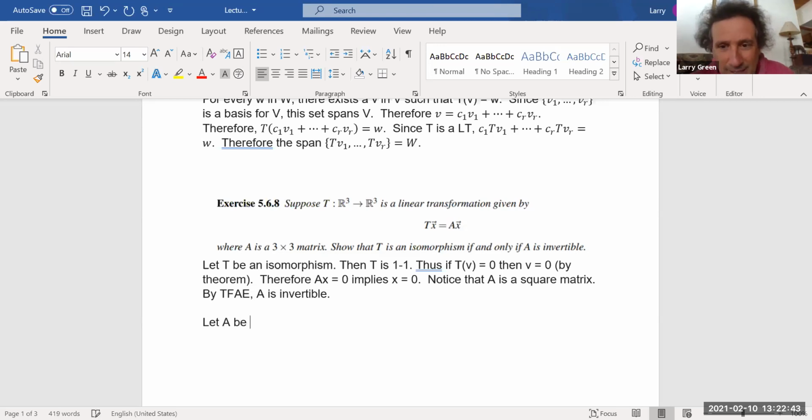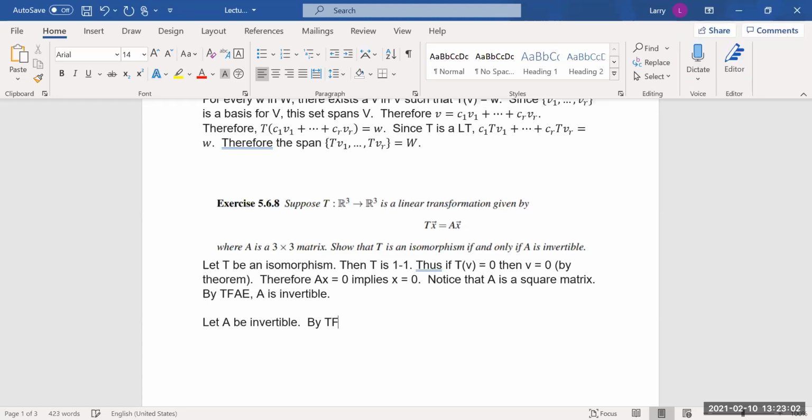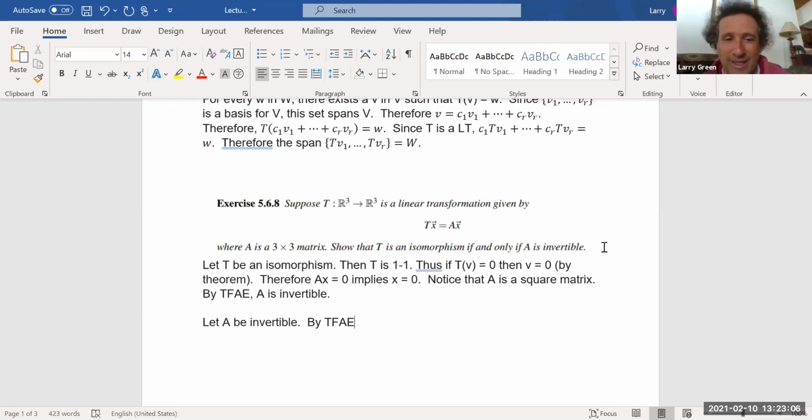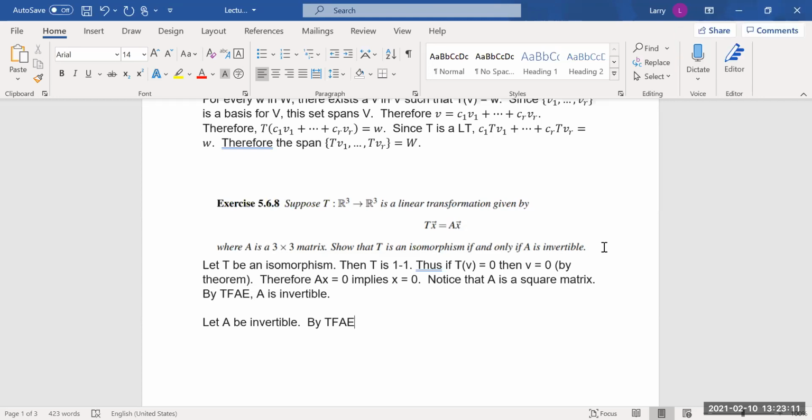Let A be invertible. Okay, well, if A is invertible, then by TFAE, what can we say? Determinant is not 0. You could definitely say that, but that's not going to help us with trying to show that we have an isomorphism. Kernel is 0.